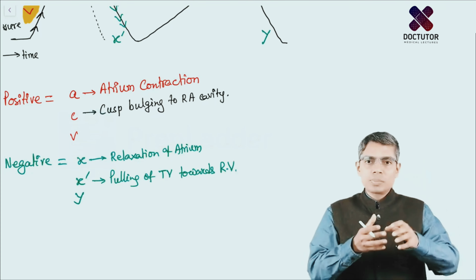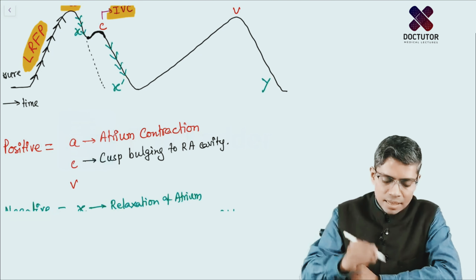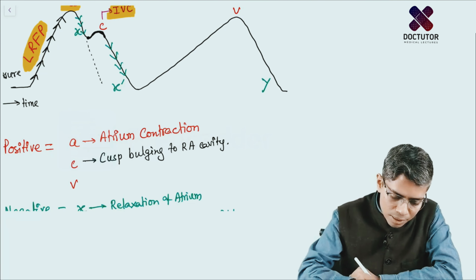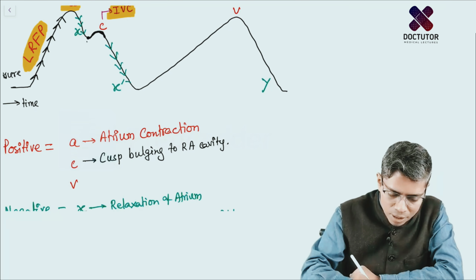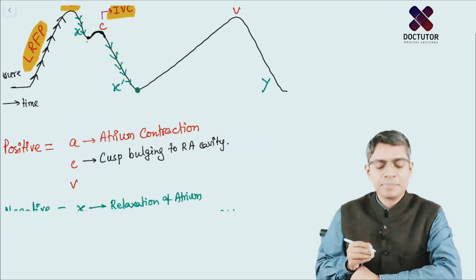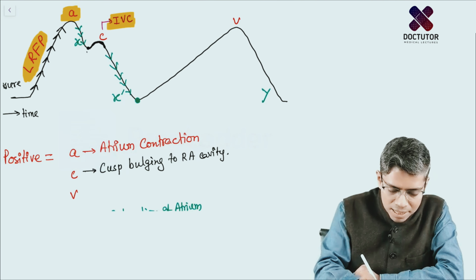Getting my point? This pulling of the tricuspid valve is decreasing the right atrium pressure further, and that is the X descent. So I'll wipe this out. Now I can understand, after the end of the X descent, the right atrium pressure is at a very low point. And this X descent was happening during which phase of the cardiac cycle?